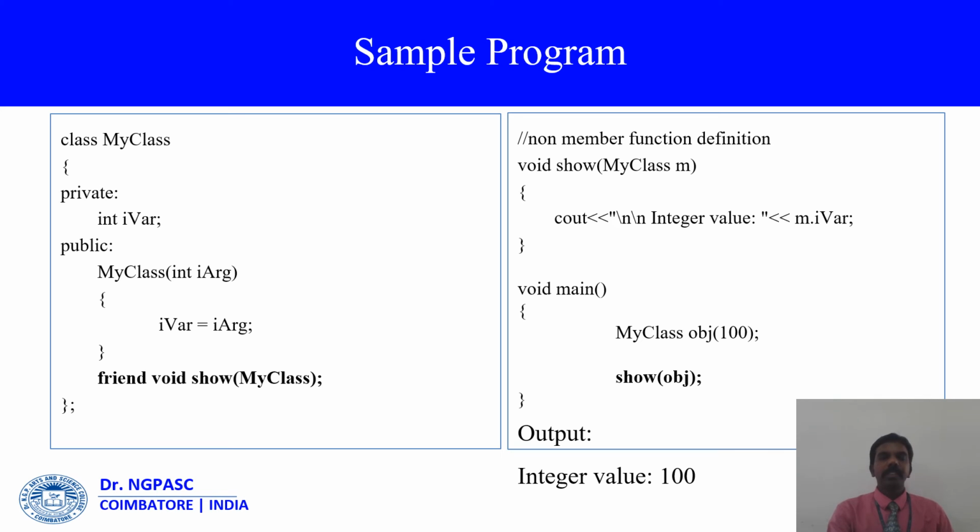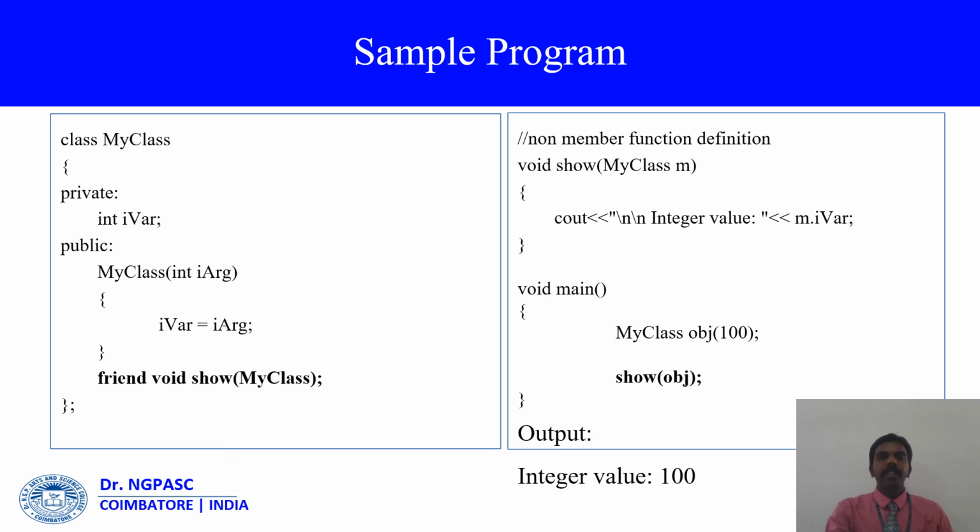This statement lets the compiler know that the non-member function show is a friend of the class MyClass. In the previous slides we saw that a non-member function has to be declared as a friend inside the class, and this statement does that.